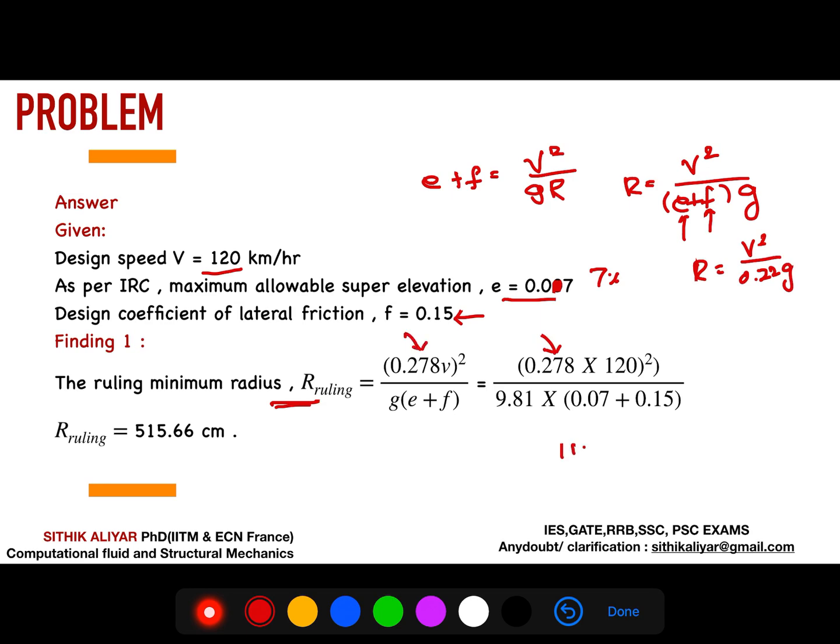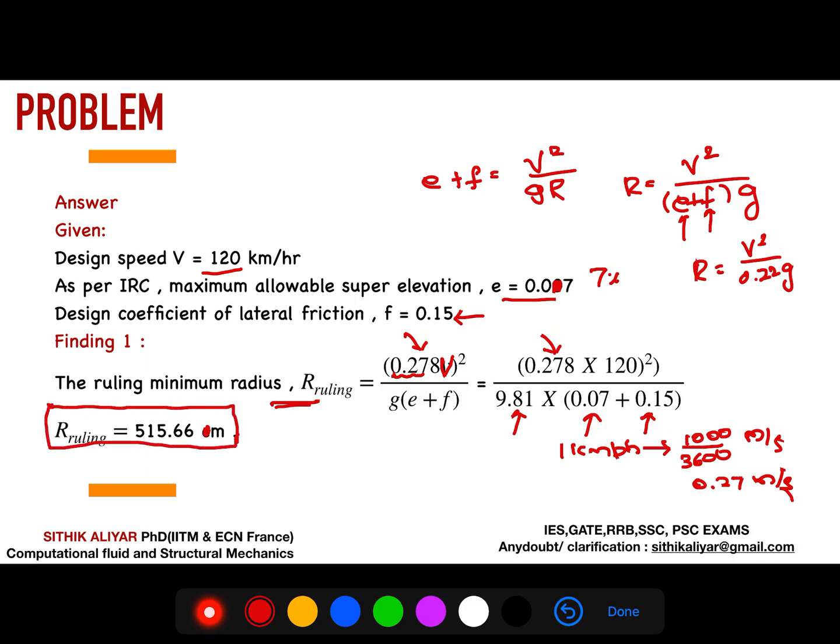I hope you know 1 km per hour is equal to 1000 meter divided by 3600 seconds. It is nothing but 5 by 18 meter per second, which is nothing but 0.278. So to convert kilometer per hour to meter per second, I have to multiply by this 0.278. So instead of V in this formula, I used 0.278 V. V is 120, G is 9.81, E is 0.07, F is 0.15, which will give me a radius of 515 meter.